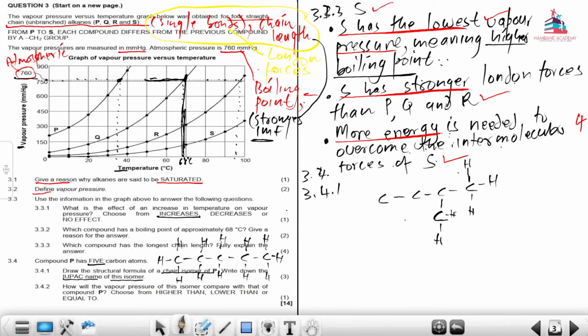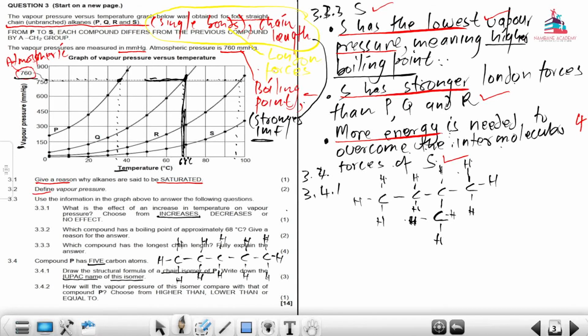Remember, each carbon must have a maximum of 4 bonds, because you start losing marks if you don't have 4 bonds around each carbon. Let's count the hydrogens: 1 to 12, and 5 carbons. So definitely this is an isomer.